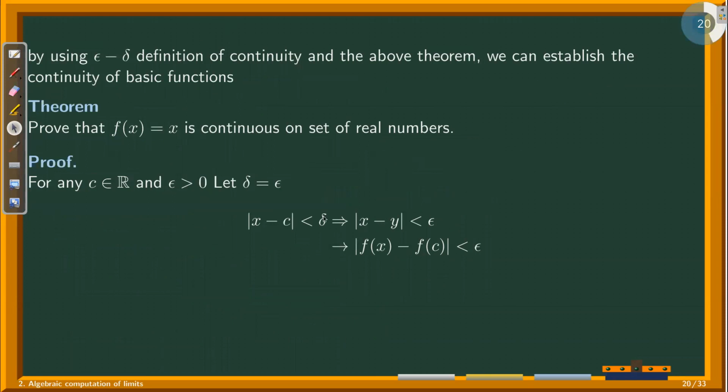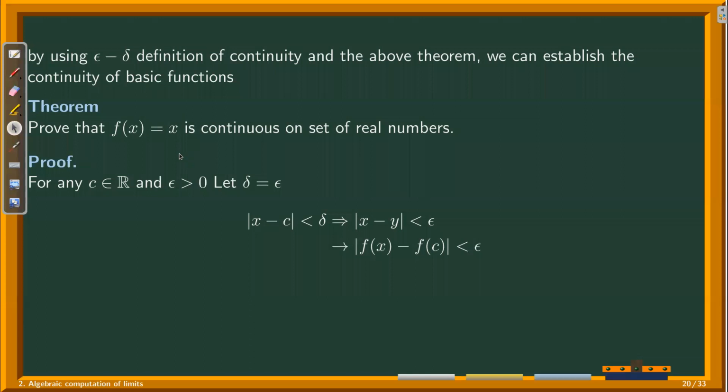This one is again the definition for continuity. We can prove that f(x) = x is continuous on the set of real numbers using this epsilon-delta definition. You don't have to know the limit. You can know that f(x) = x is always continuous on the set of real numbers.